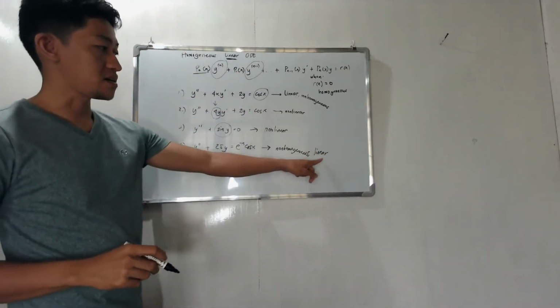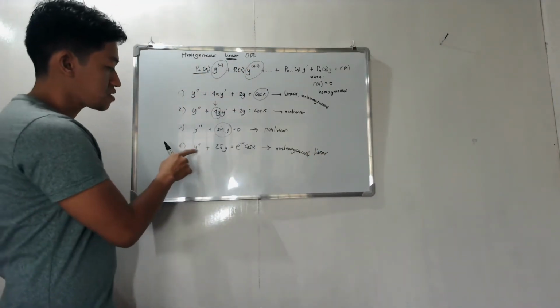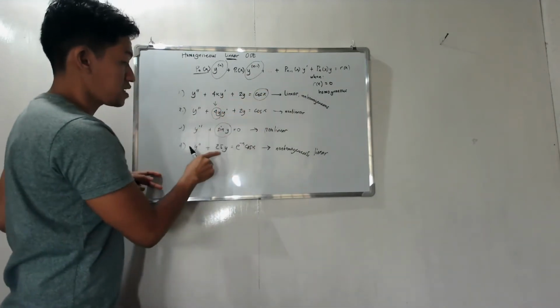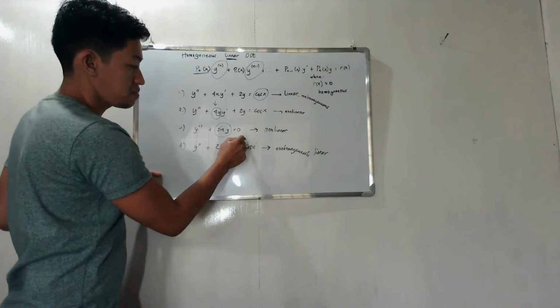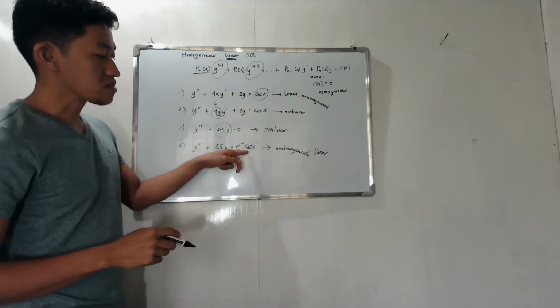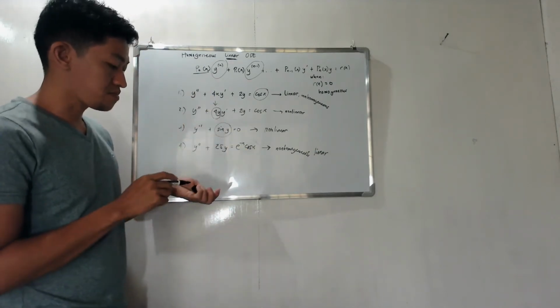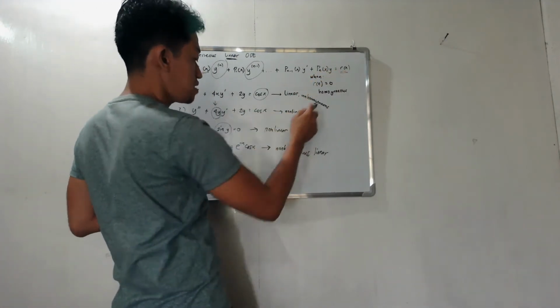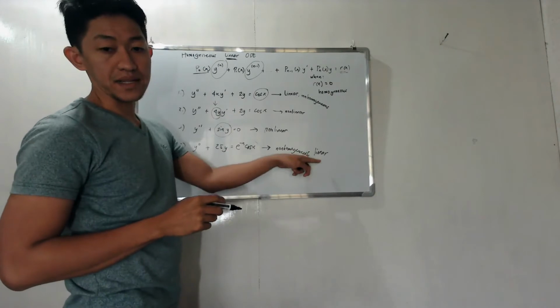Non-homogeneous linear. Why? Because ito based on the format, okay? This term, kahit cosine to or e to the negative x, as long as function of x only, linear pa rin. Okay?